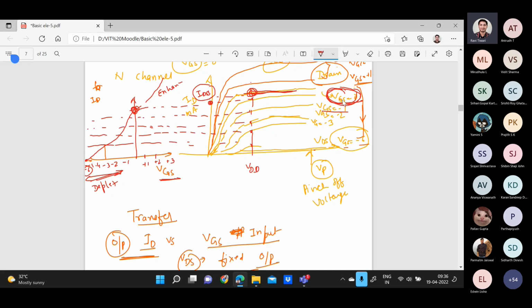VGS equal to 0 does not come under depletion mode or enhancement mode; it is a connecting point. So IDSS is the maximum current for depletion mode, and it is the minimum current for enhancement mode, because enhancement mode starts after IDSS. Understand? Okay, sir, got it.